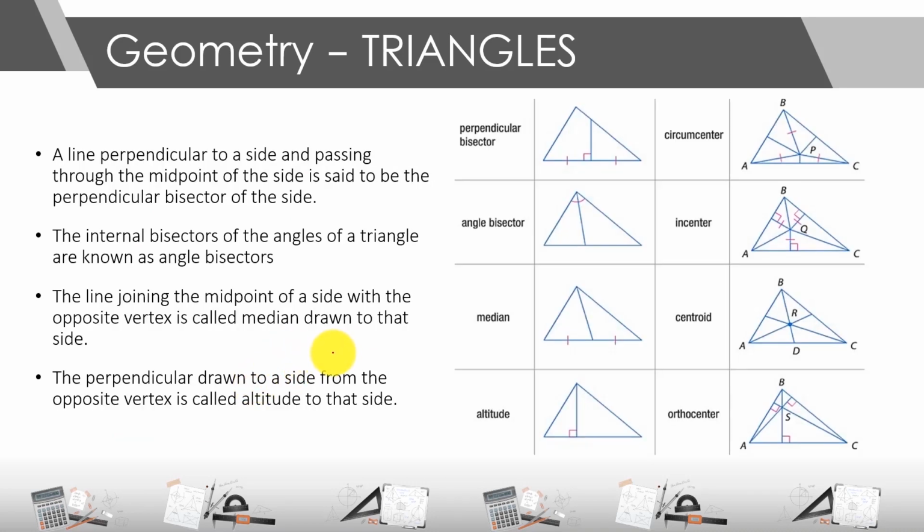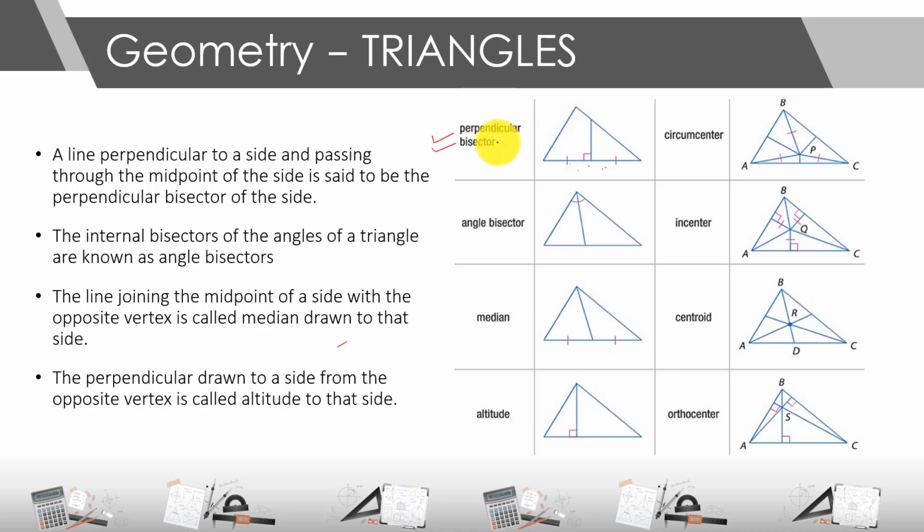Now whenever we get questions related to triangles, often there are additional lines drawn within those triangles, and these lines can have certain properties. For example, if we create a line which is perpendicular and it is bisecting one of the sides of the triangle, this line is a perpendicular bisector for the base of the triangle.